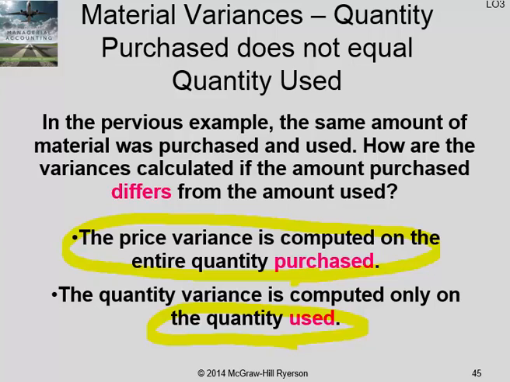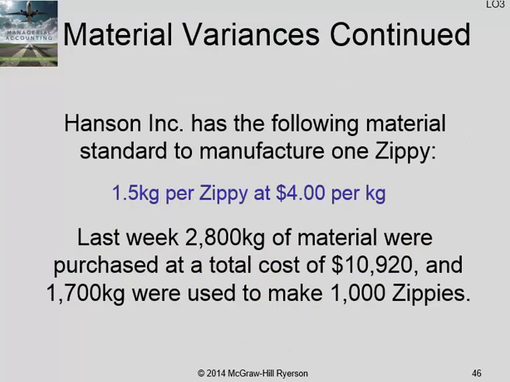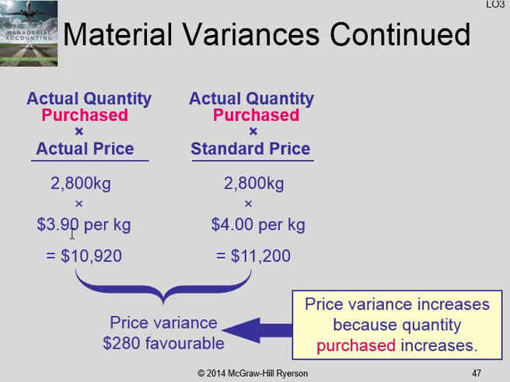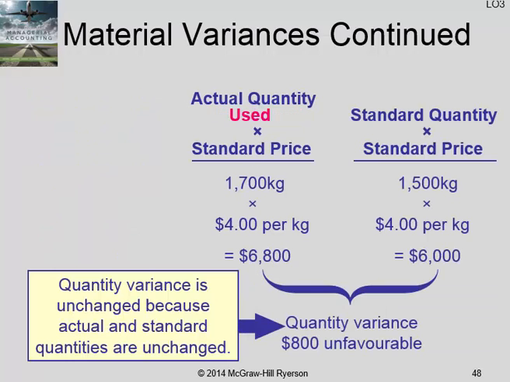Okay, what does it look like in practice? Well, let's go back to our zippy example here. So we bought 2,800 kilograms, used 1,700. We do the price variance first, and then we'll do the quantity variance second.